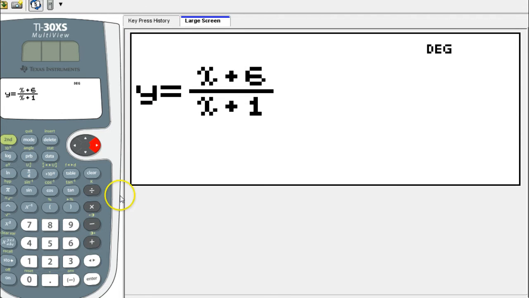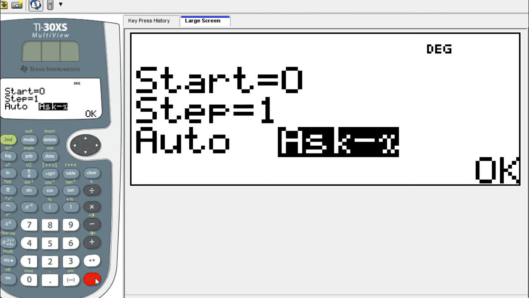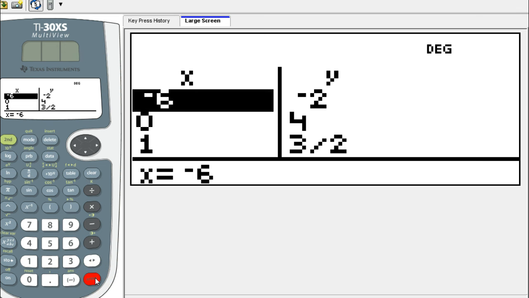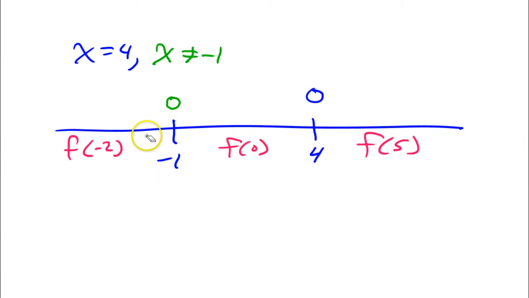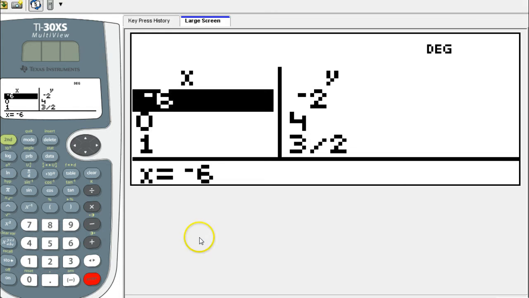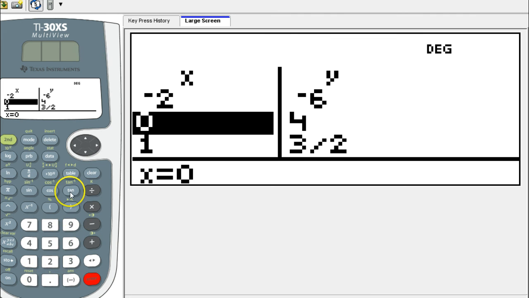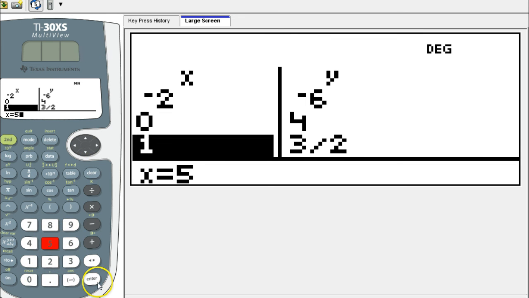And this is minus 2, so I've got minus 2. Boom. Make sure your calculator is in Ask X mode. Okay, so I'm doing these three values, negative 2, 0, and 5. So negative 2, 0, and 5.